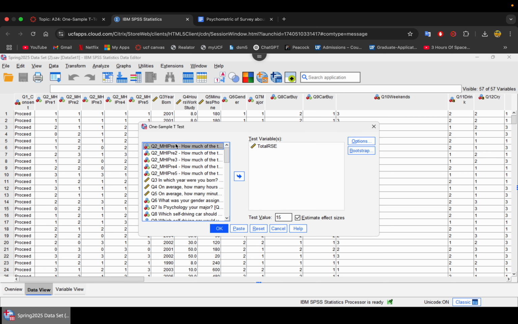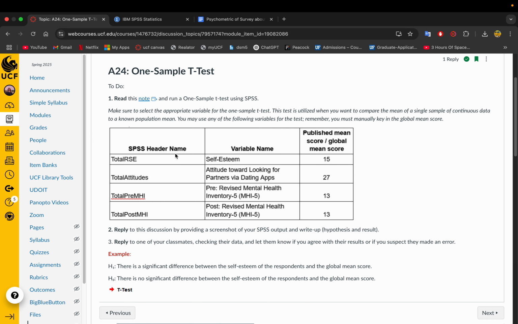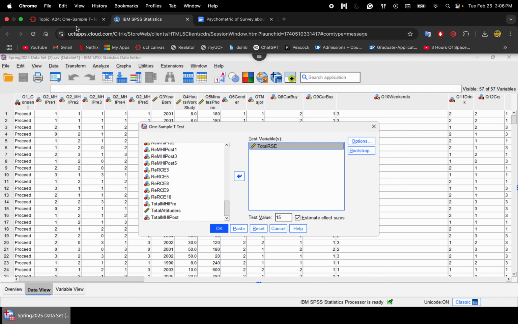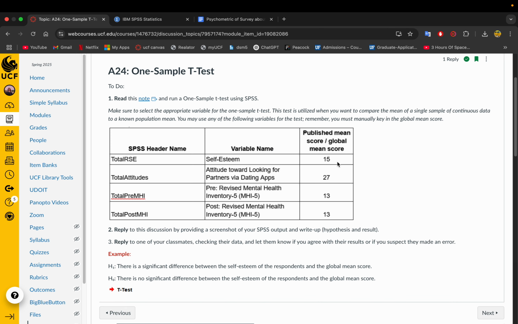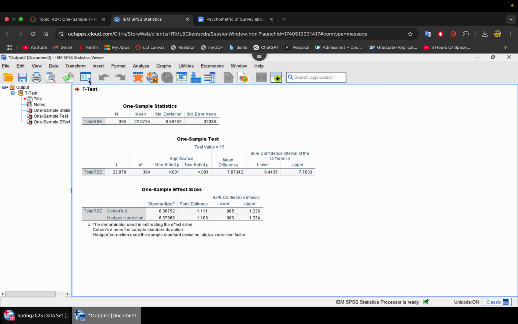In here, we're going to do total RSE, which is your self-esteem. And as we can see here, the published mean global score is 15. So down here we're going to write 15. Then we click OK, and this table is going to show up.